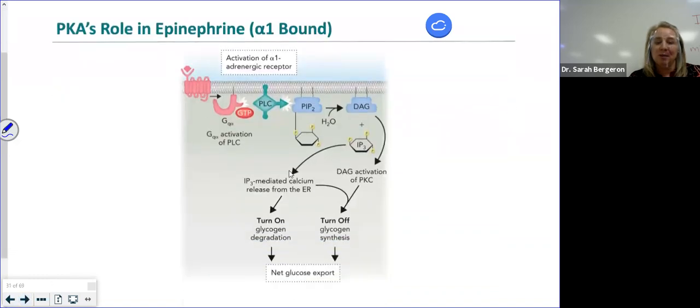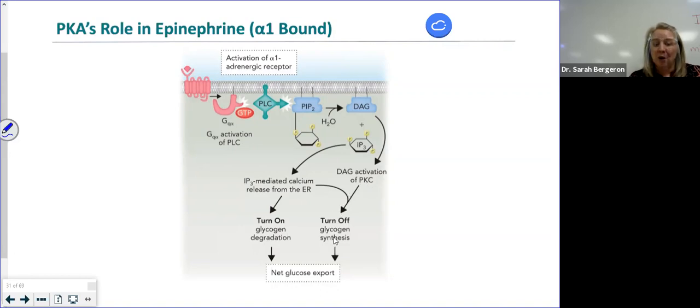So in upstream signaling for this one, we're going to activate PLC. PLC is going to hydrolyze those phospholipids that are stuck inside the membrane, and we're going to make two second messengers, diacylglycerol and IP3. Because we have these two second messengers, now we can go on and activate PKC.